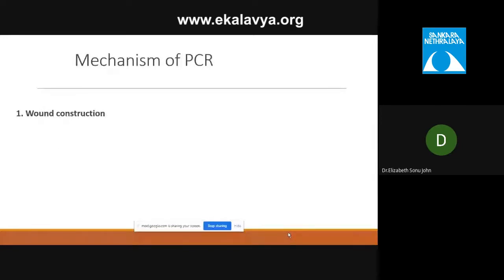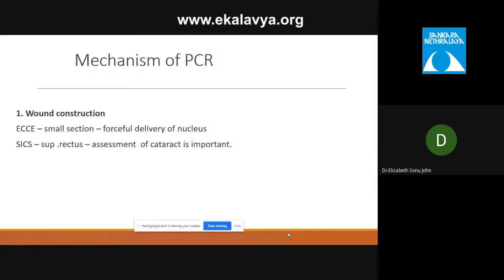Now, mechanism of PCR, wound construction. Can somebody tell what causes PCR? I think Jaya just gave it. So in ECCE, usually a small section, and trying to forcefully deliver through a small section. And SICS also, like she said, the superior rectus is very important.